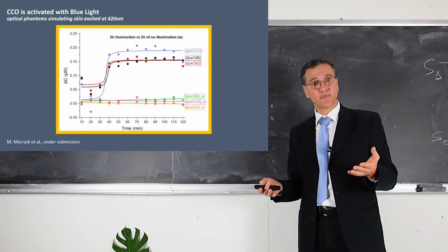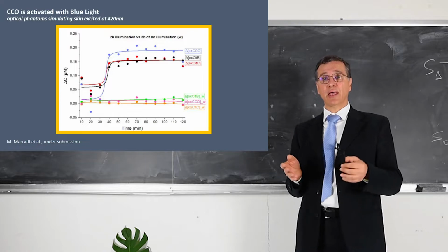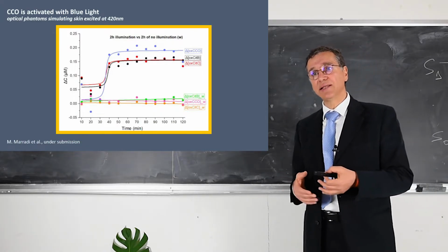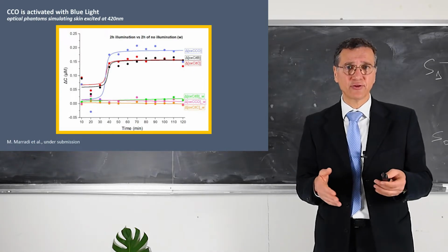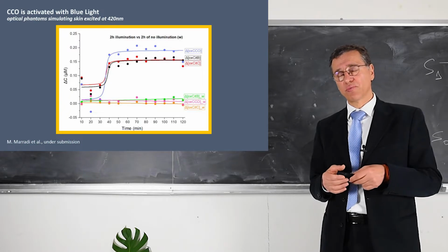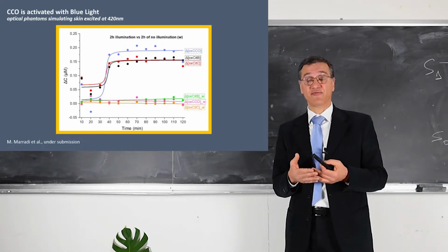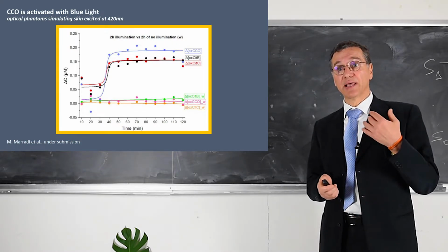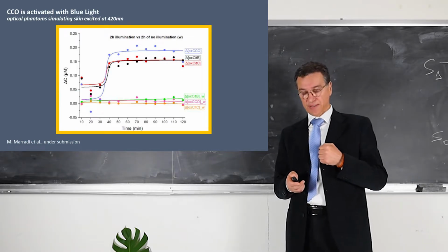Well, we found quite a reasonable answer here, because we used a real tissue phantom, not a digital one, and we studied the activation of cytochrome, and in particular cytochrome oxidases, cytochrome B and cytochrome C, with blue light. And we see that effectively there is a big increase in the density, in the concentration of those species.